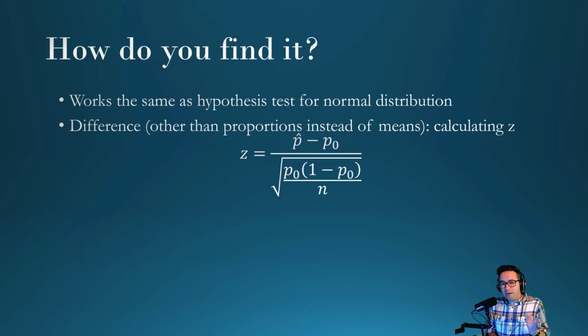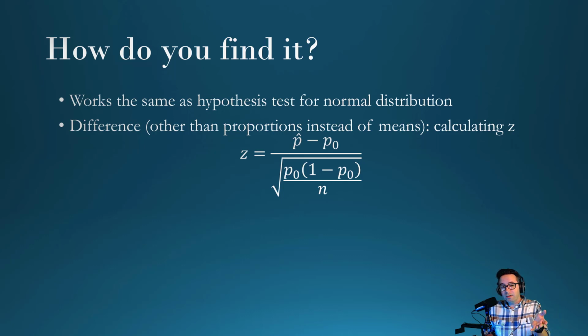Like I was saying before, the test statistic is really the one thing that's different, and it's not too much different than the Z that we did when we were testing the population mean. We're only going to be using the normal distribution for this one because we don't need to know the population standard deviation.